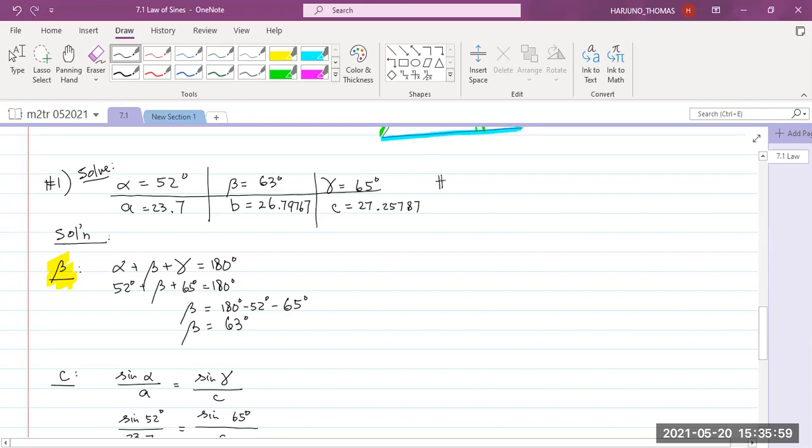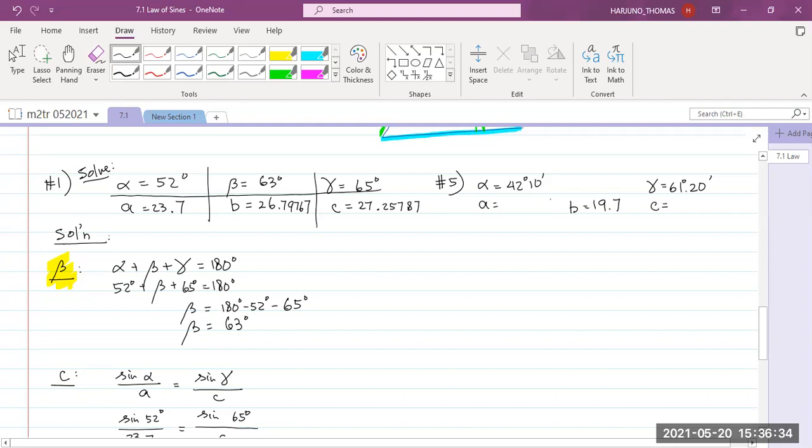Now, number 5. I will not do it in full. I will just show you the idea. We have 42 degrees, 10 minutes, and side b, 19.7. And then angle gamma, 61 degrees, 20 minutes. So we need to find side a and then side c.